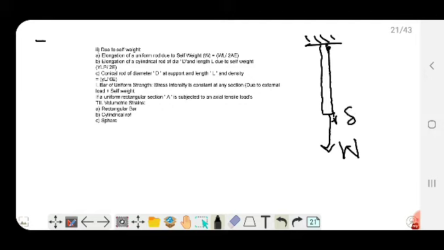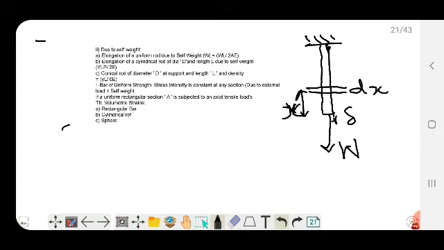This can be calculated by taking similarly some section of length dx at distance x from bottom of the rod. Its area is constant throughout, therefore we can take it to be some A itself.